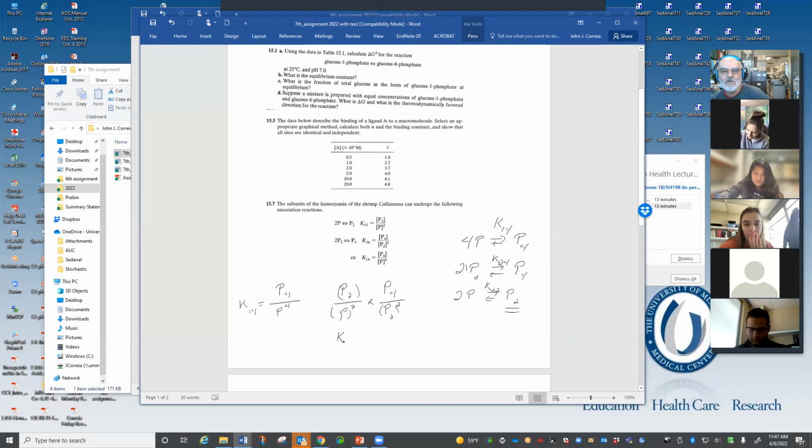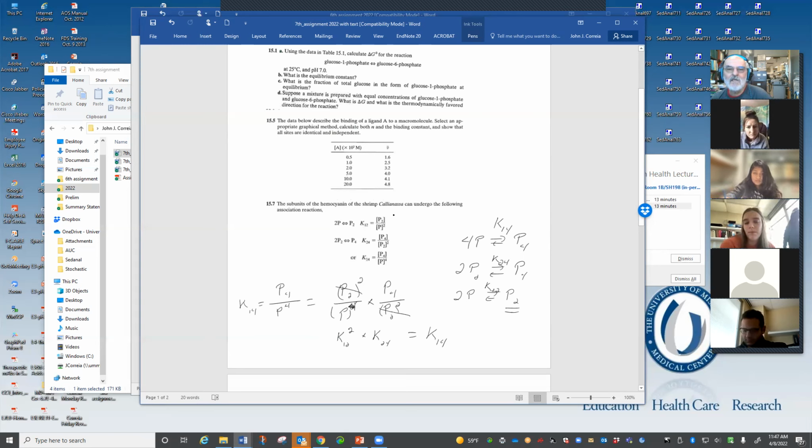I've got to do K12 squared times K24. And so that has to be squared, and this has to be to the 4th power. So when I multiply this out, that and that cancel, and I get P4 over P to the 4th power, which is that. You see, and so K12 squared times K24 is equal to K14.